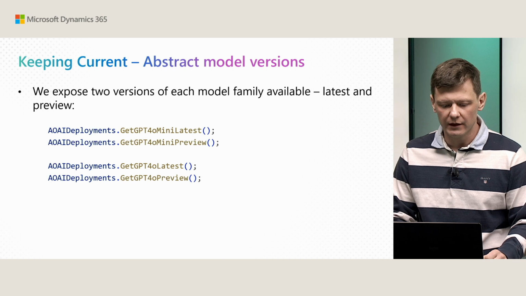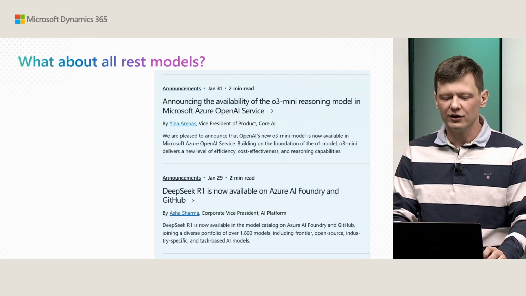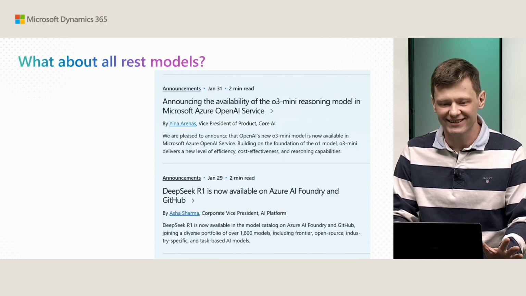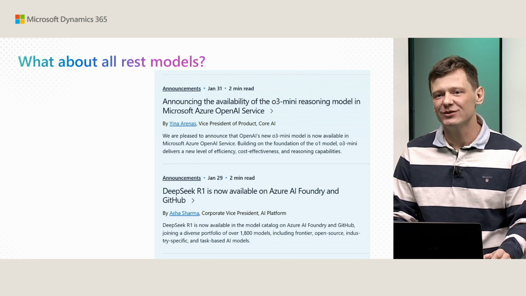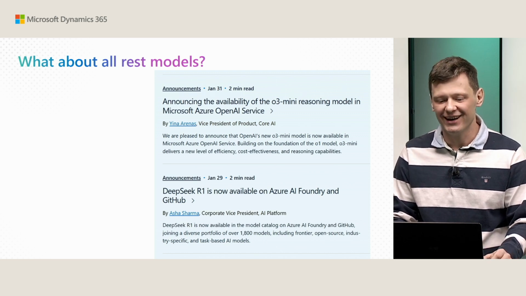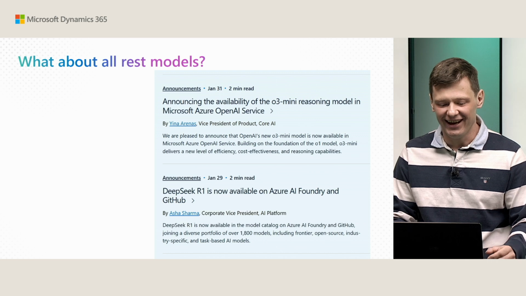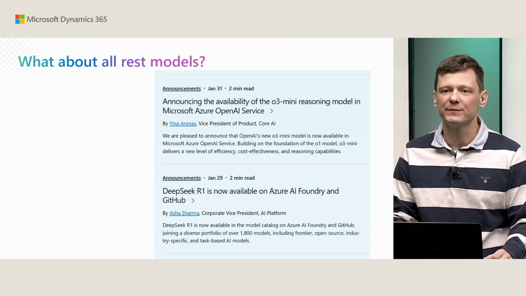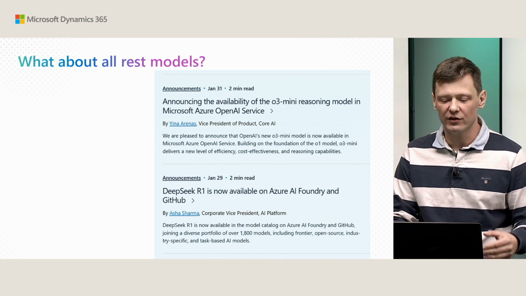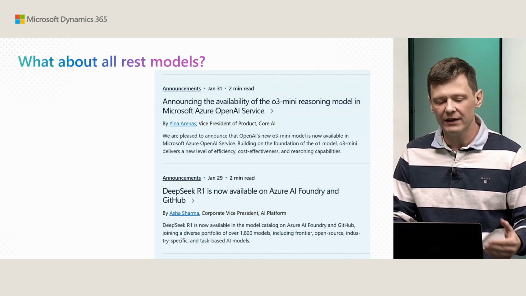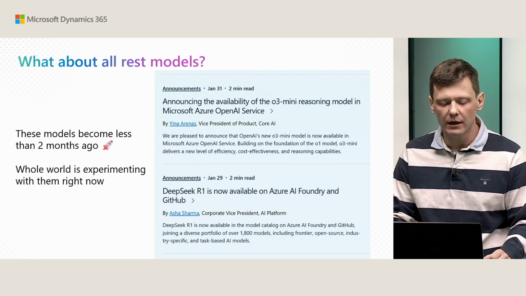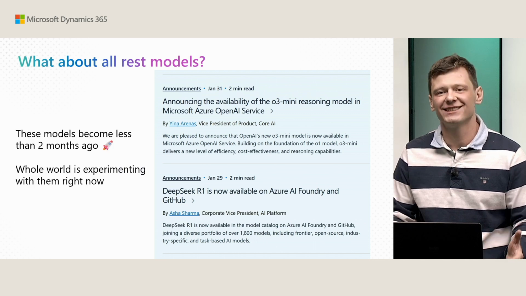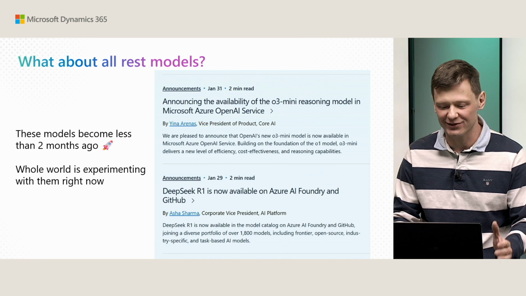The first question we're usually getting is, it's all good, but what about all the other models? If you just look at the last 2 months, Microsoft has made a lot of announcements, like the DeepSeek R1 reasoning model coming to Azure Foundry. OpenAI released a number of o reasoning models. And can we get access to those? And the truth is, of course, the whole world is experimenting with those models right now.